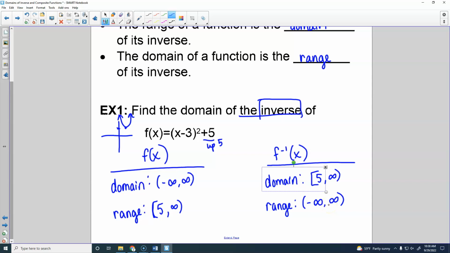And so this question was particularly asking for domain of the inverse, so this part would be our answer. Okay, questions here?